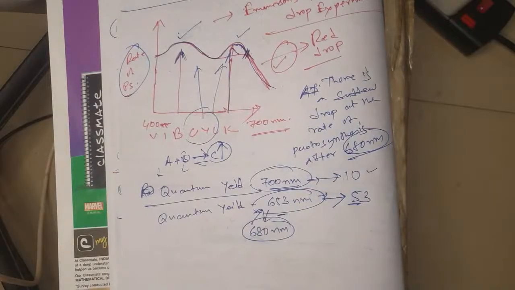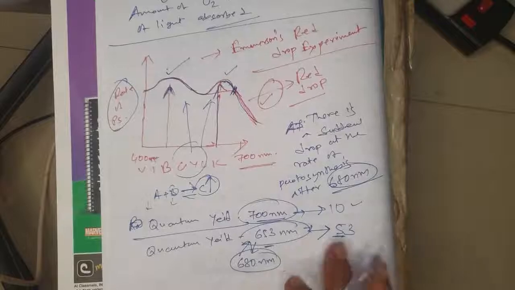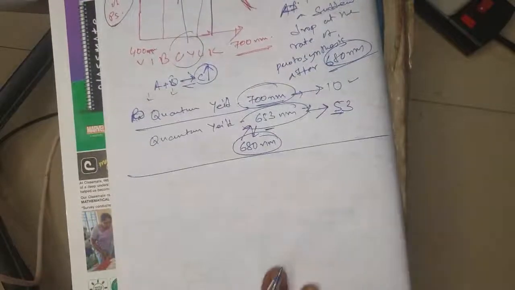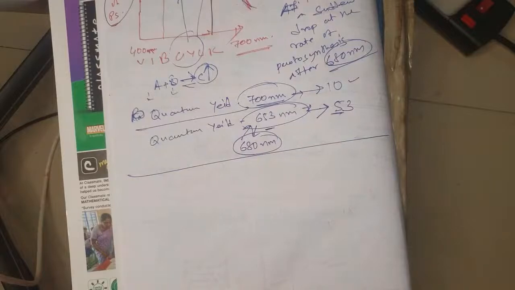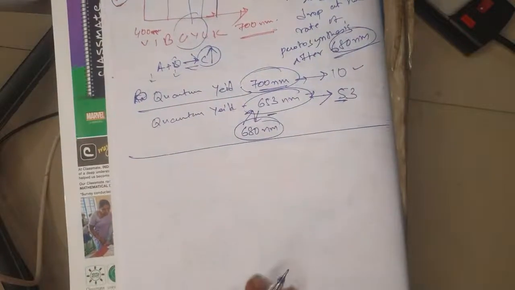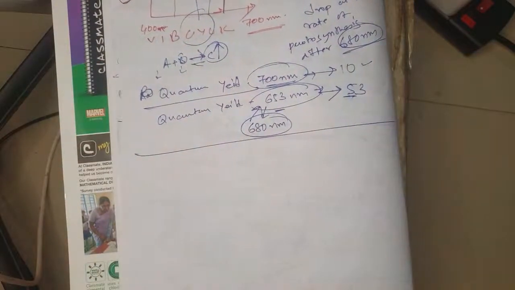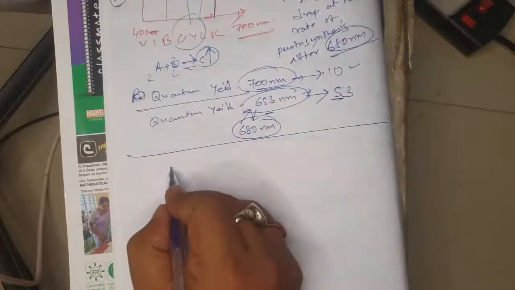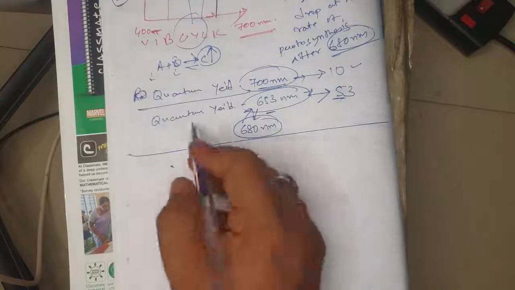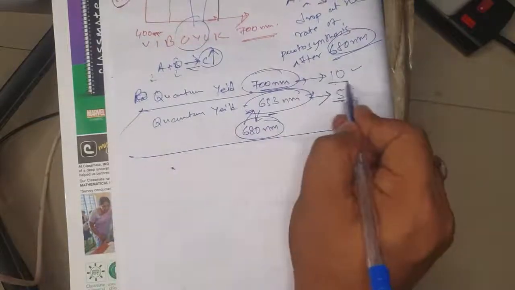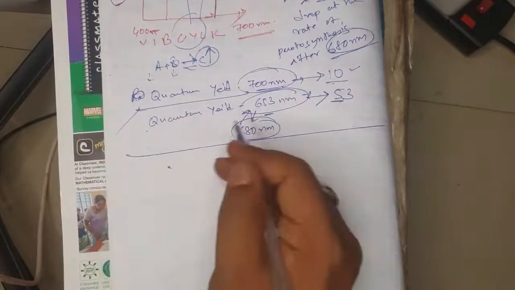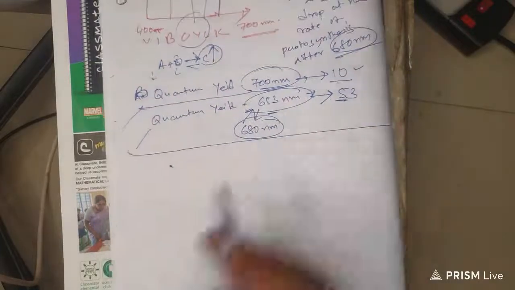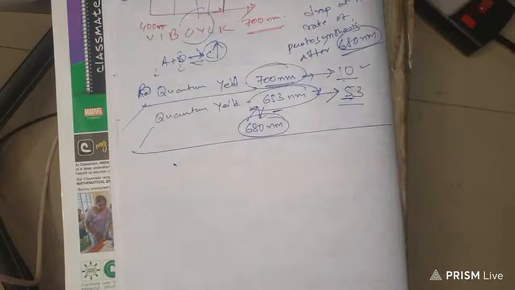Fine. But the interesting thing that I am noticing is what? If I do it together, suppose he exposed the plant at 700 nanometer, 10, he exposed the plant at 653 nanometer, 53.